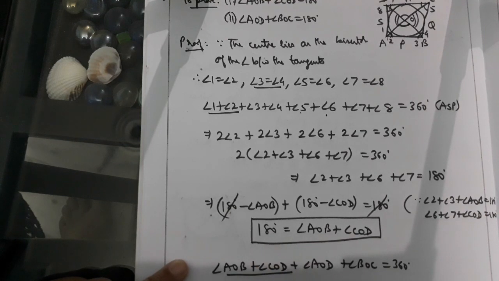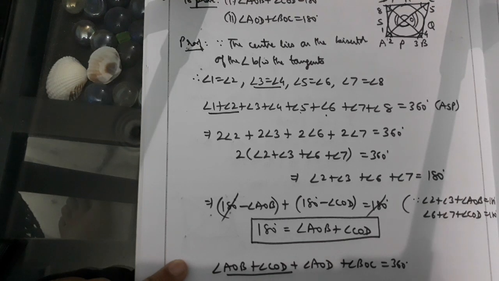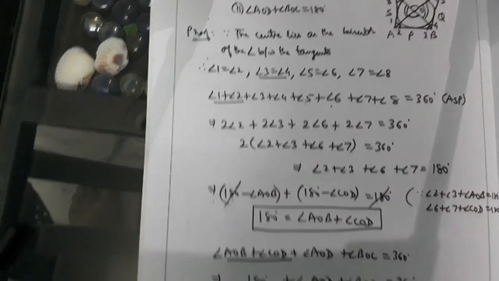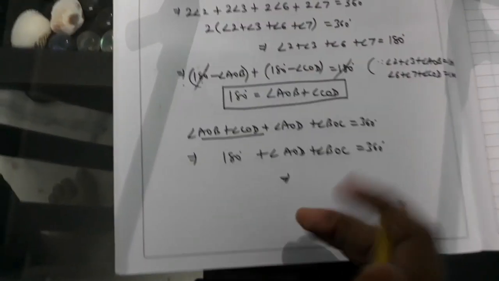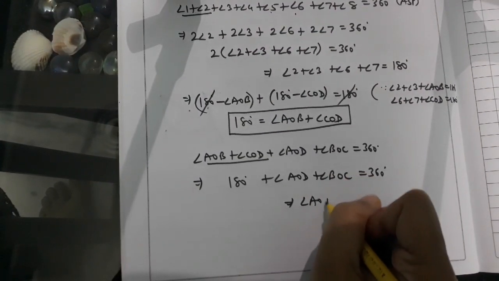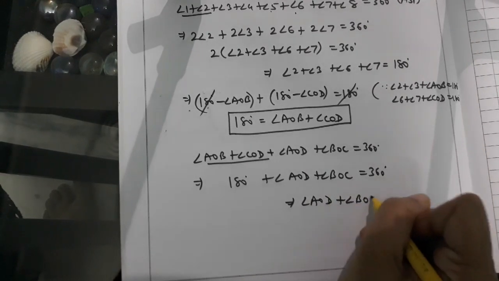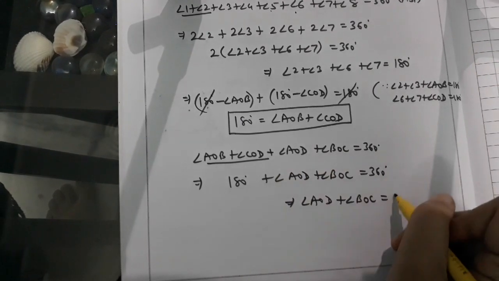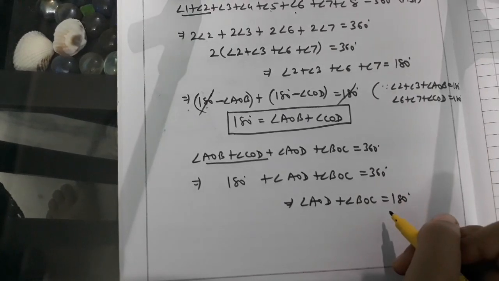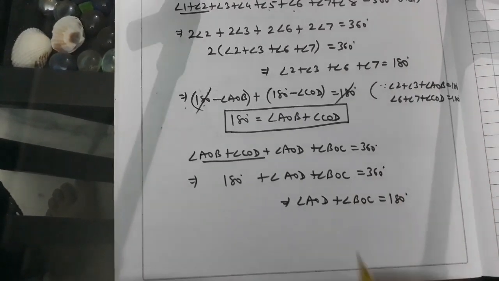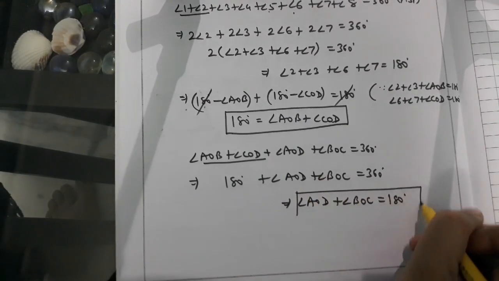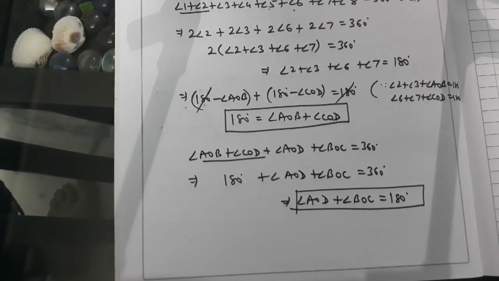So we substitute this value, 180 plus angle AOD plus angle BOC is equal to 360 degrees. So from here we obtain that angle AOD plus angle BOC is equal to 360 minus 180, that is 180 degrees. So these are the 2 things which we had to prove.